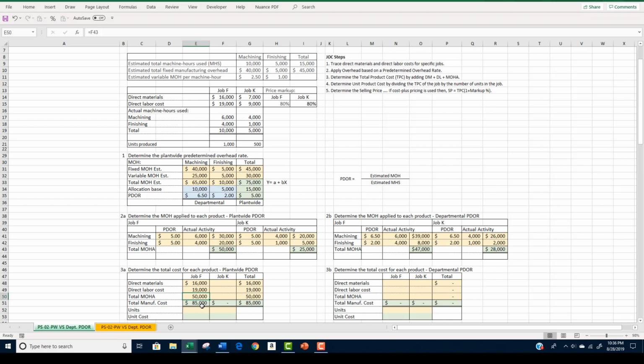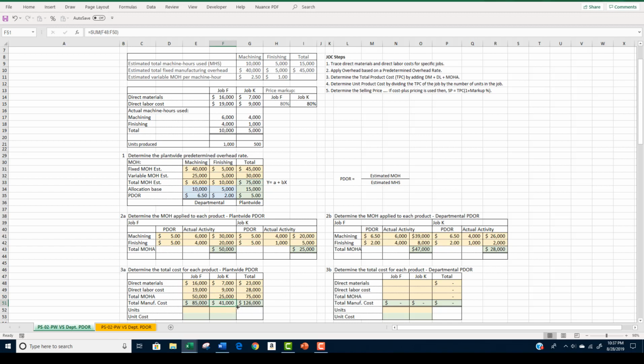For job K, we do exactly the same thing. We bring down the $7,000 of direct material cost, the $9,000 of direct labor cost, and the $25,000 of MOH to be applied.